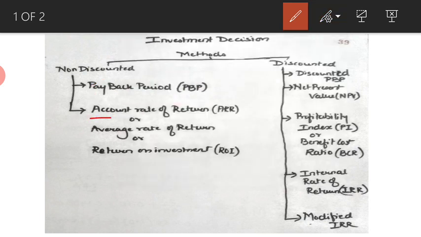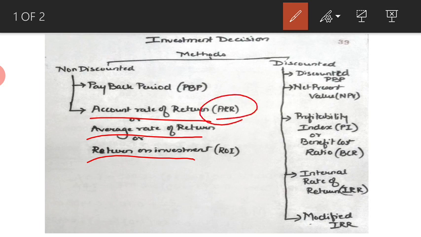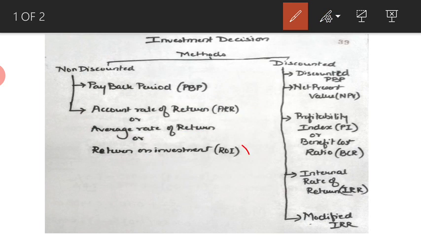Next one is the accounting rate of return, or also called the average rate of return or return on investment. So it is the percentage of returns that you're getting on your investment. If you invest X amount, how much returns are you getting in terms of percentage is given by ARR. In simple words, it is average income divided by average investment. So that is called average rate of return or accounting rate of return. Sometimes it is also called the return on investment.